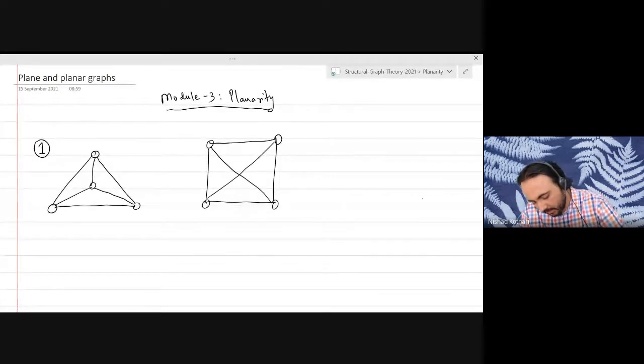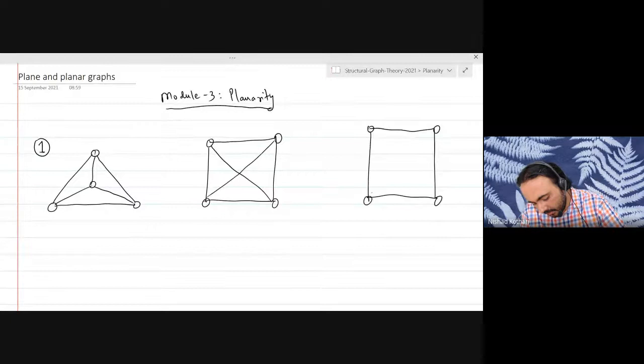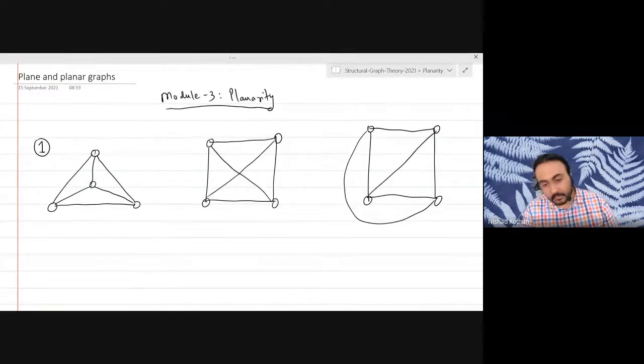And that is also K4. Right? So all of these are drawings of K4. Right? But K4 itself does not need to be drawn in order to exist.